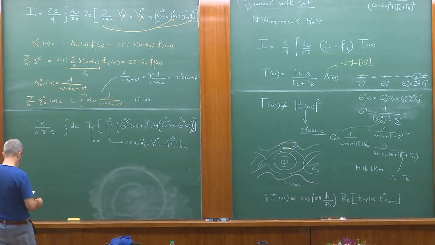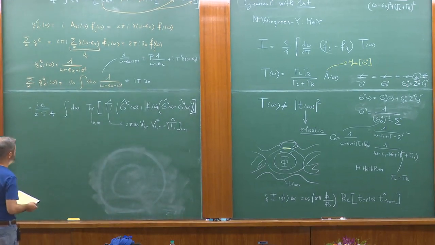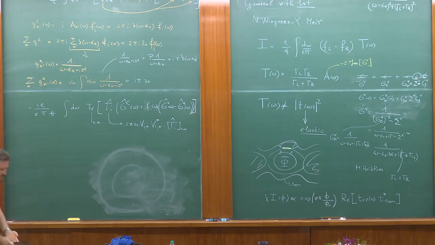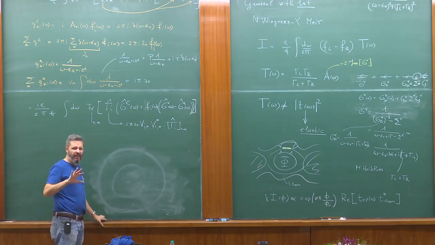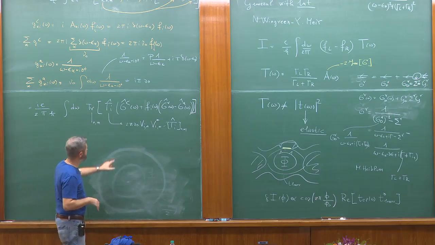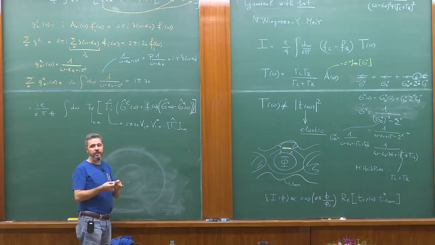Now we have this formula. This formula is for the current that is flowing out of the left lead. It's a bit upsetting, this formula, right? And there is something that is not good. This G lesser. Why is it upsetting? Because G lesser contains information about what is the occupation of levels in your resonant, in your scattering region.